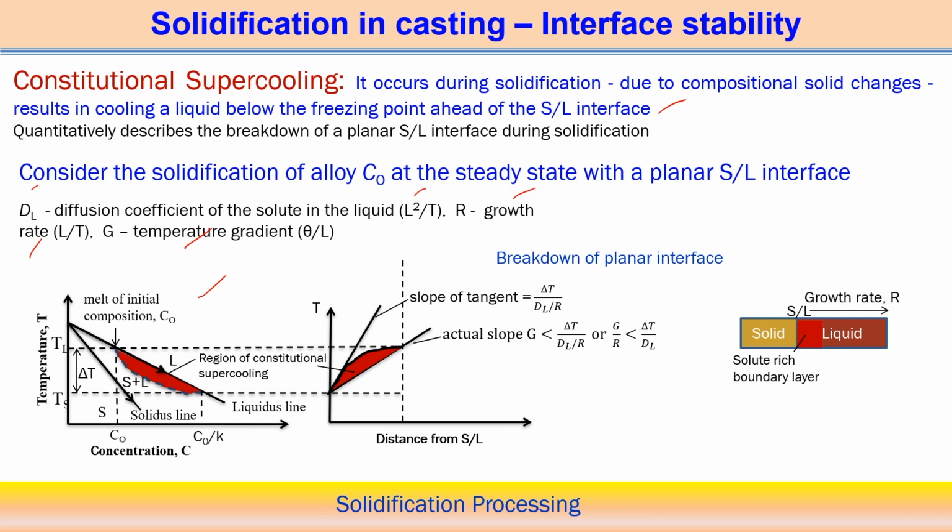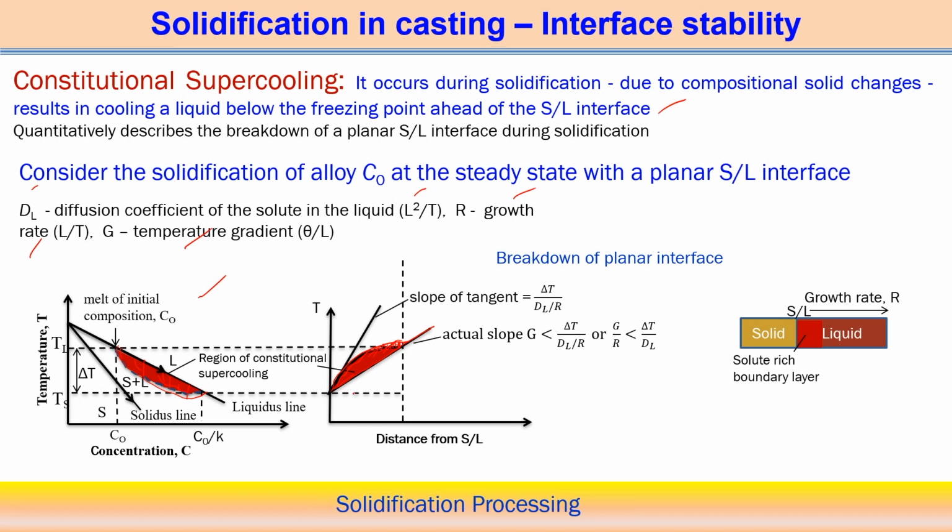Between the solidus and liquidus line, this indicates the zone for constitutional supercooling. Now, if we convert it into temperature versus distance from the solid-liquid interface, this is the actual slope, and the red zone indicates the constitutional supercooling zone, where compositional changes occur within that zone.